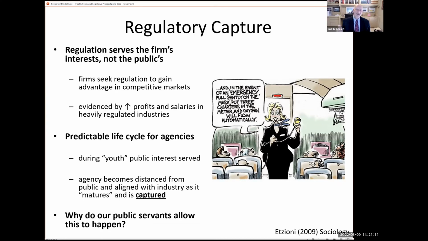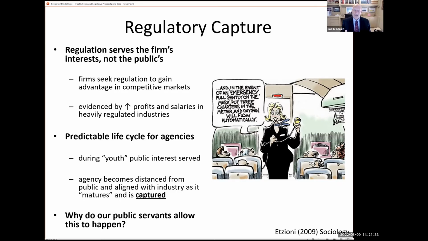Or you might see an elected official who loses an election exit government and then be hired by some of these industries, and the elected person will use their contacts and their influence outside of government to influence the policymaking process.